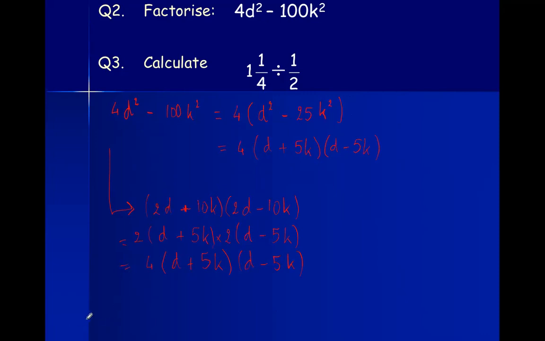Okay, so let's try question 3. So question 3 is to do with fractions. So I've got 1 1/4 divided by 1/2. So what did we say when we divide 2 fractions?